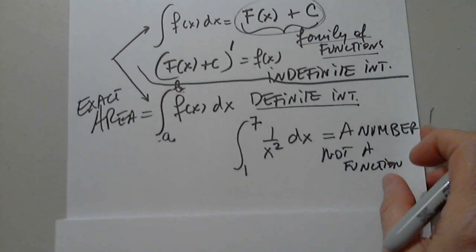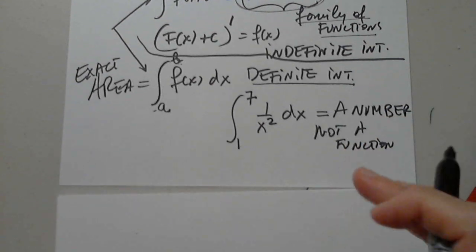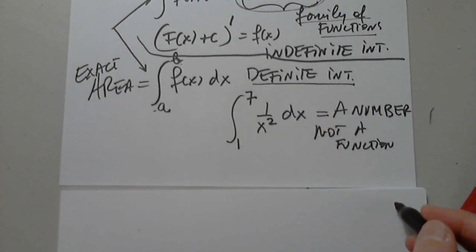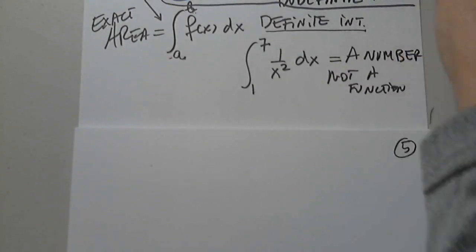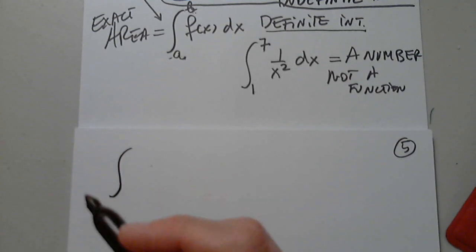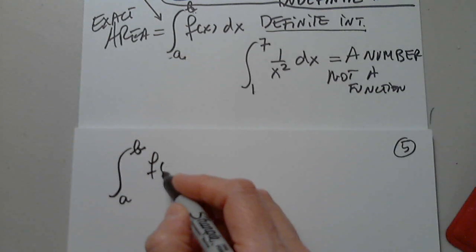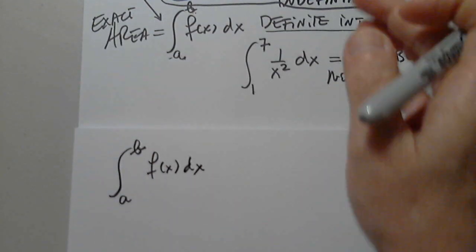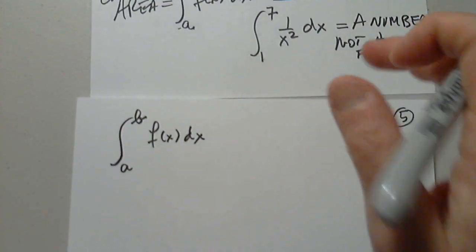And this is what we learned from the fundamental theorem of calculus. I have to explain it, and then we'll determine this. So the fundamental theorem of calculus says the following. If you want to determine the definite integral from a to b of f of x dx, you will still have to find the antiderivative, guaranteed.